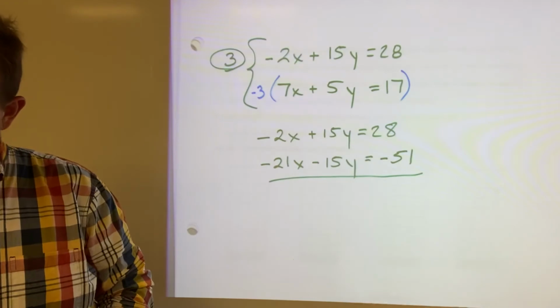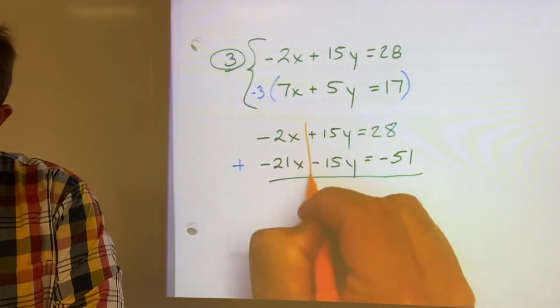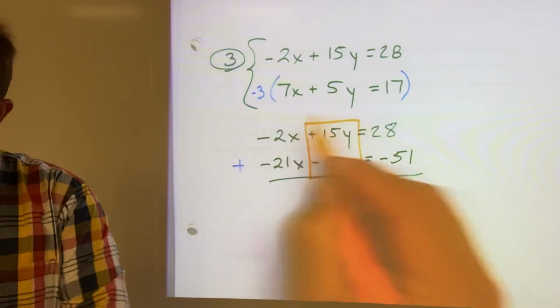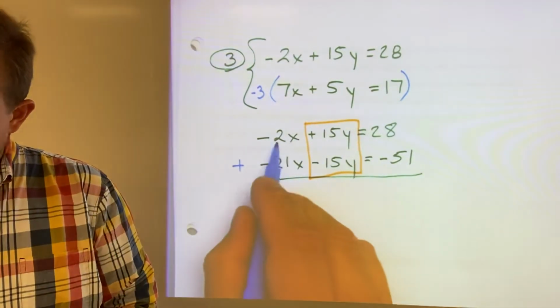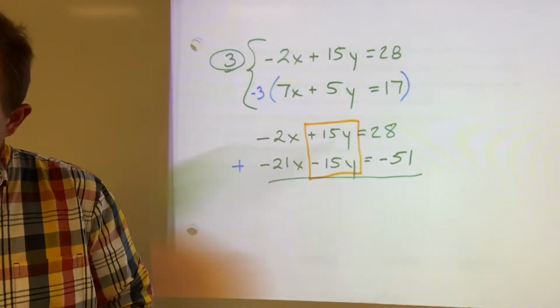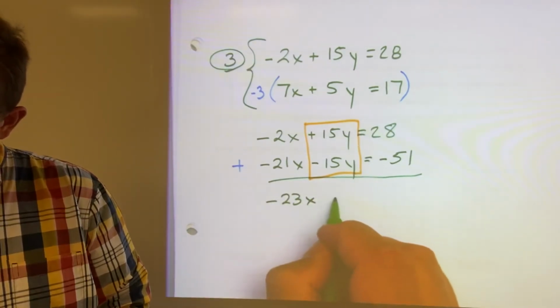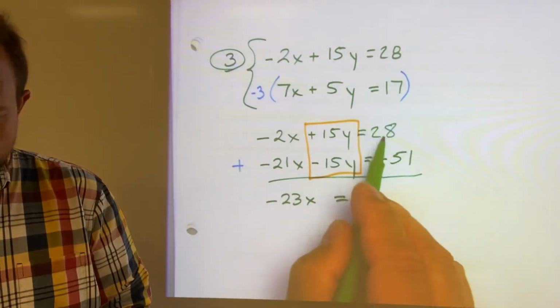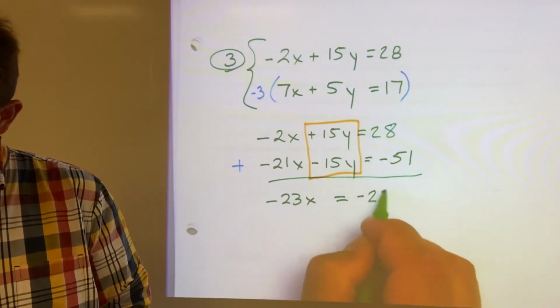Now we can add those equations, and we see our y terms are going to cancel out. Negative 2x and negative 21x is negative 23x. And 28 plus a negative 51 is a negative 23.